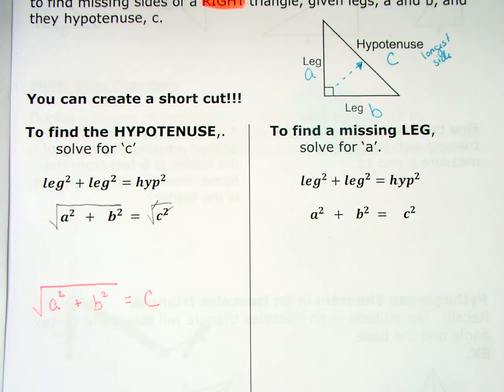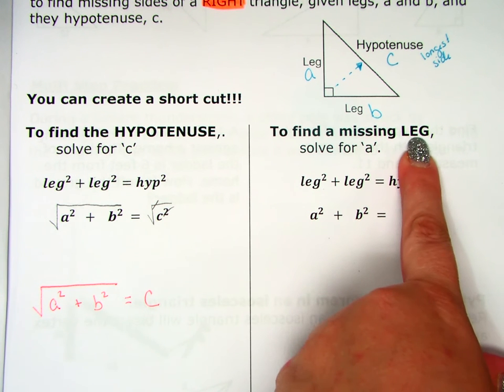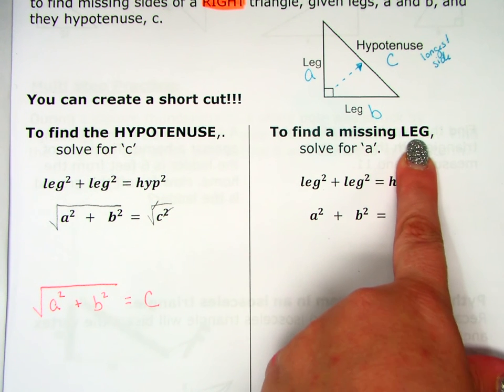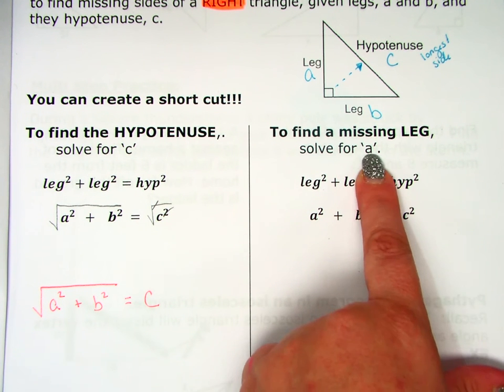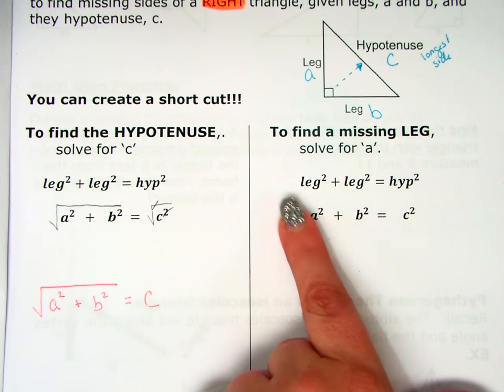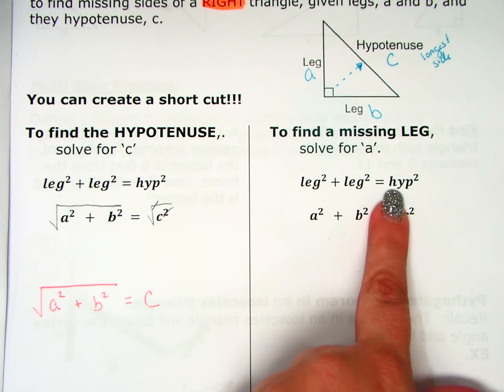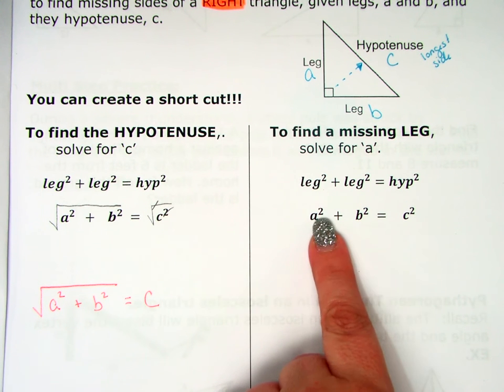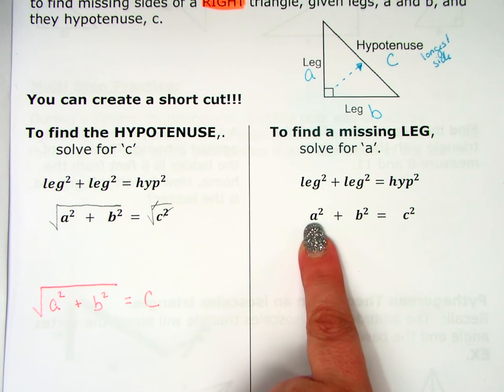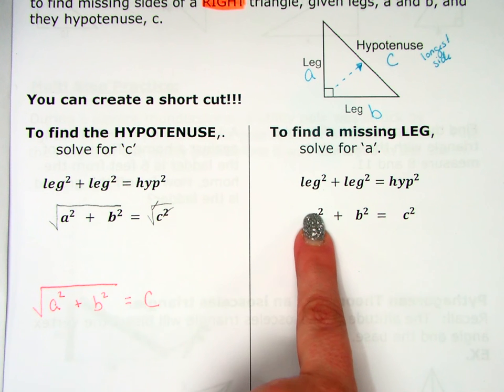On the right hand side, if I want to solve for a leg, we could solve for either A or B because they're both legs, but I went ahead and said let's solve for A. So I have a leg squared plus a leg squared equals a hypotenuse squared. We're going to solve for one of the legs. I just picked let's solve for A, which means I need to get A squared by itself first.